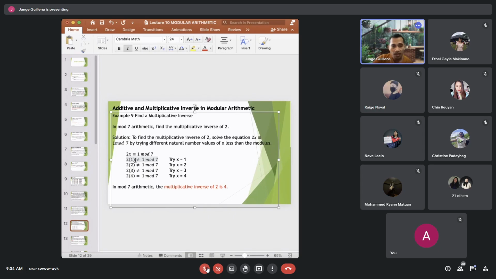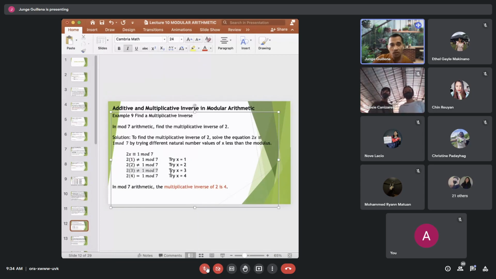So any product, after you multiply by 2, if that is less than the modulus, then that's always the remainder. For x is equal to 2, 2 times 2 is 4, which is less than the modulus. So the remainder is 4, not equal to 1. 2 times 3 is 6, and again 6 is less than 7. So again, the remainder is not equal to 1.